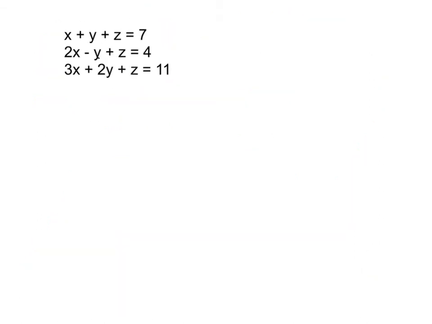So let's use this same set of simultaneous equations to eliminate x for some practice. If we come along and recognize that if we multiply the top equation by -2, and the reason we want negative is so that we get opposite signed values of x, we're going to get -2x minus 2y minus 2z equals -14.